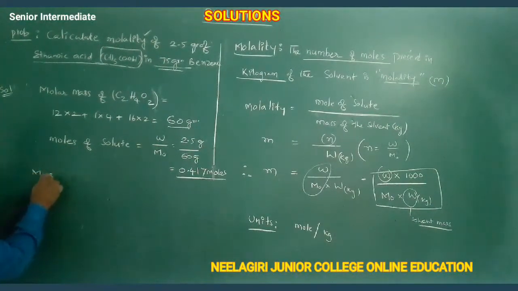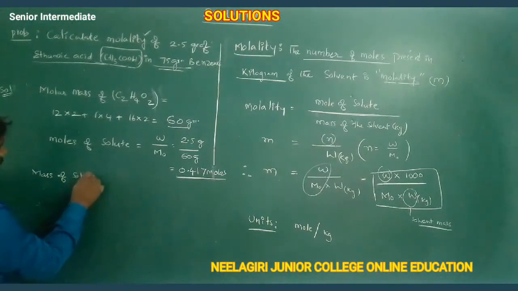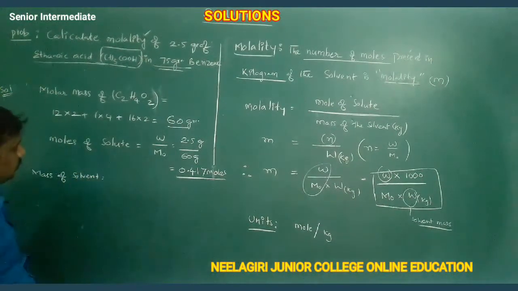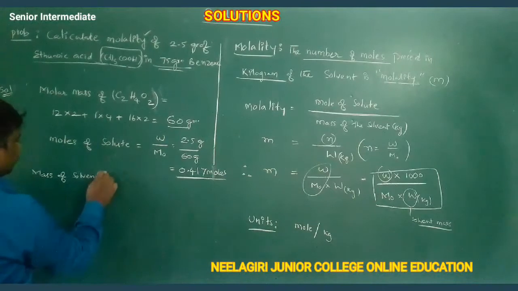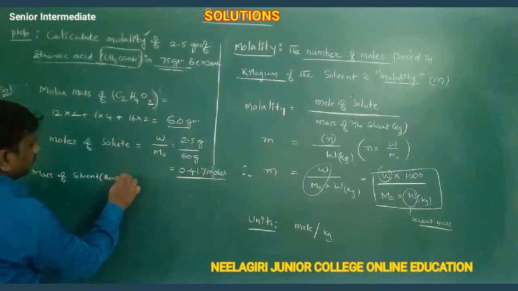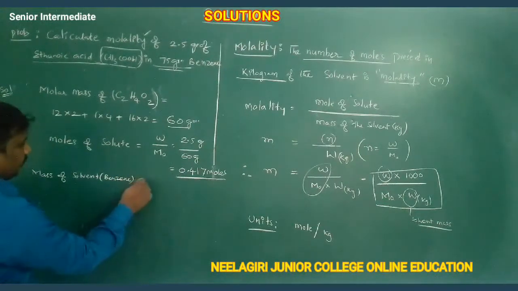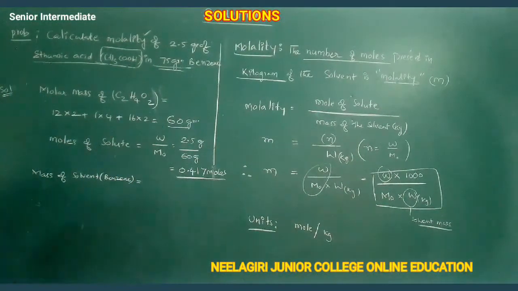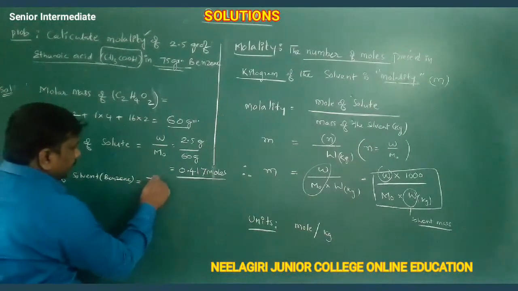Mass of the solvent is equal to. What is the solvent here? Benzene. Here mass of the solvent is equal to 75 grams.